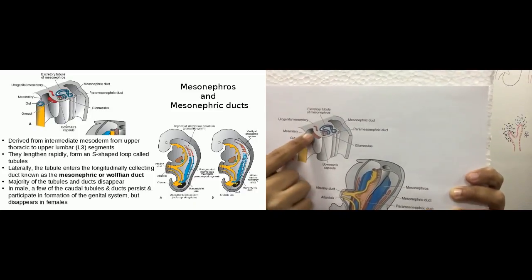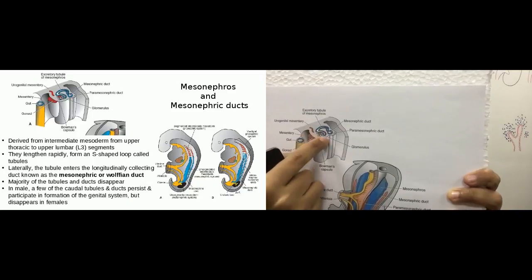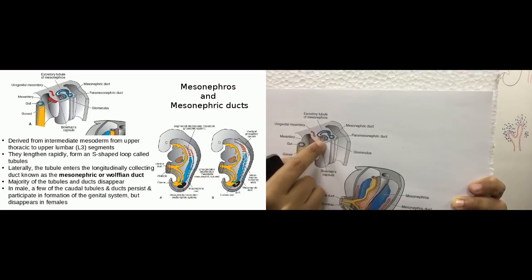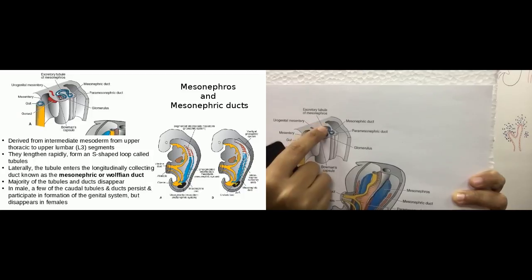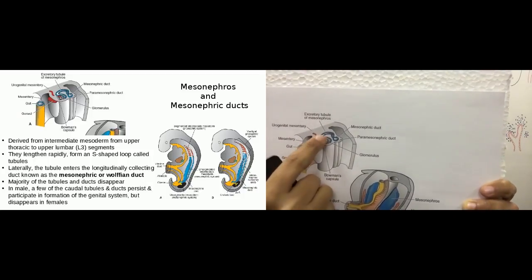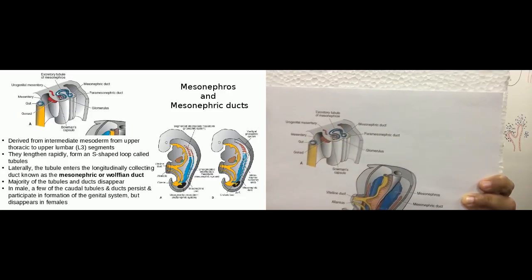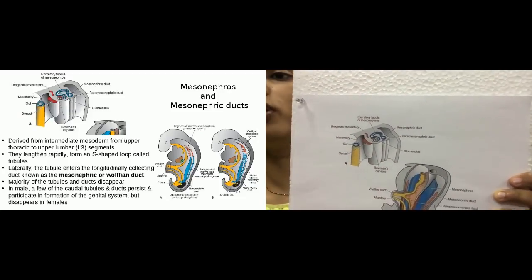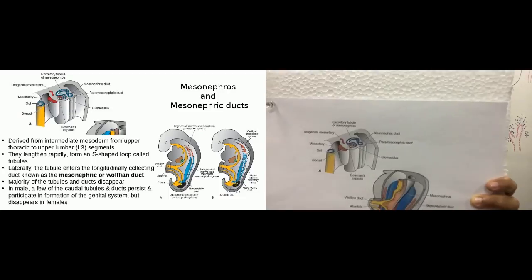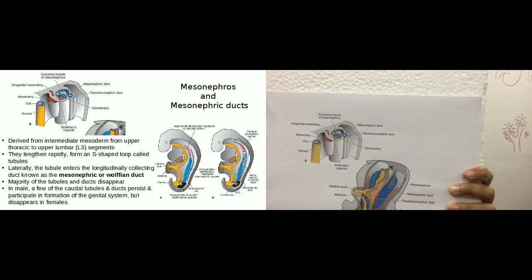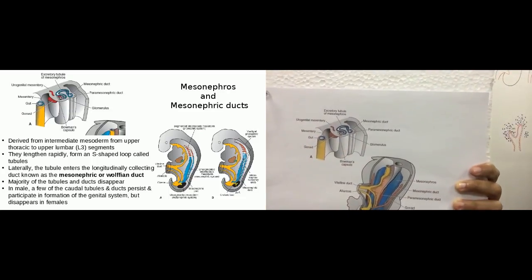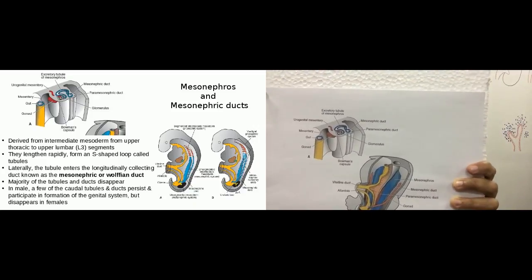Later, most of the glomerulus part and the Bowman's capsule will disappear, but especially in males, the S-shaped tubule will remain, and it majorly contributes to the formation of the duct system in the male genital tract. These tubules will be called the mesonephric or Wolffian duct.